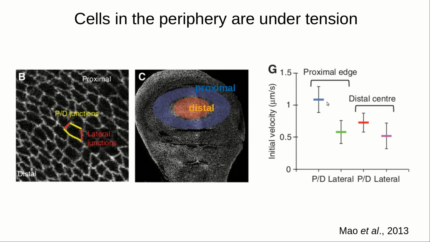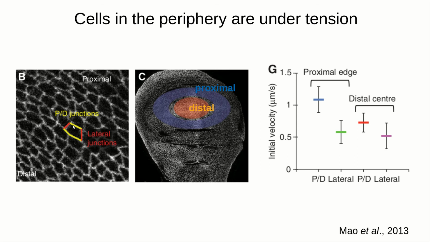The reason is that since cells are dividing more actively in the center, these cells are pushing towards the outside. Okay, so cells in the outside, since the inner part is growing and the circle gets bigger, are stretched, and this is why these yellow junctions are under higher tension.